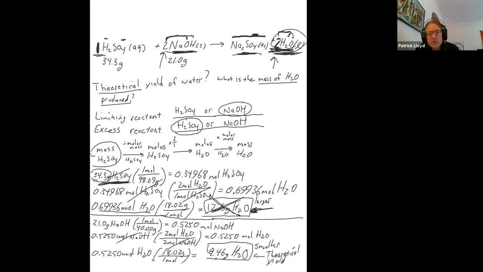It's a number you would get if the sulfuric acid was the limiting reactant. But since it's the excess reactant, you can't really get that. So in the end, you'll have some leftover sulfuric acid, and we'll only get 9.46 grams of the water. Can't get 12.6. Okay.